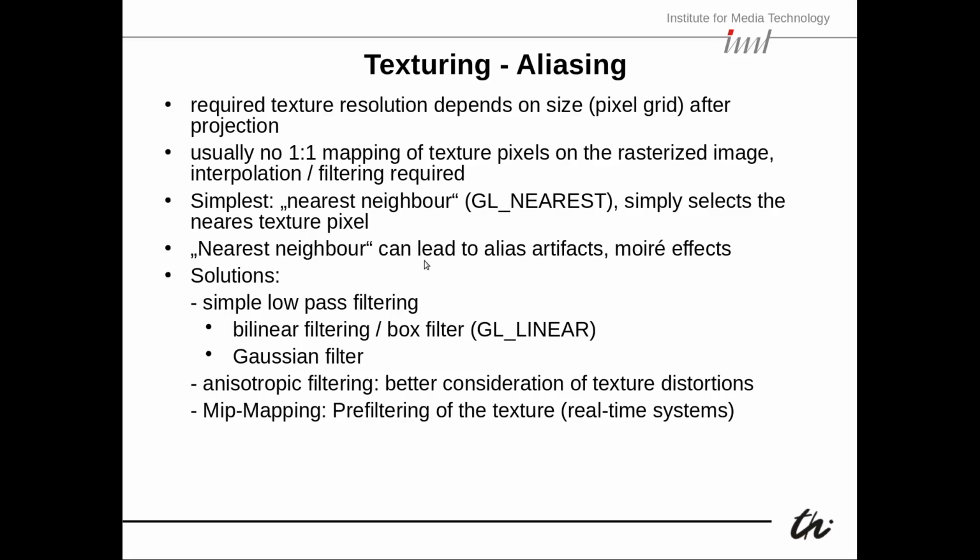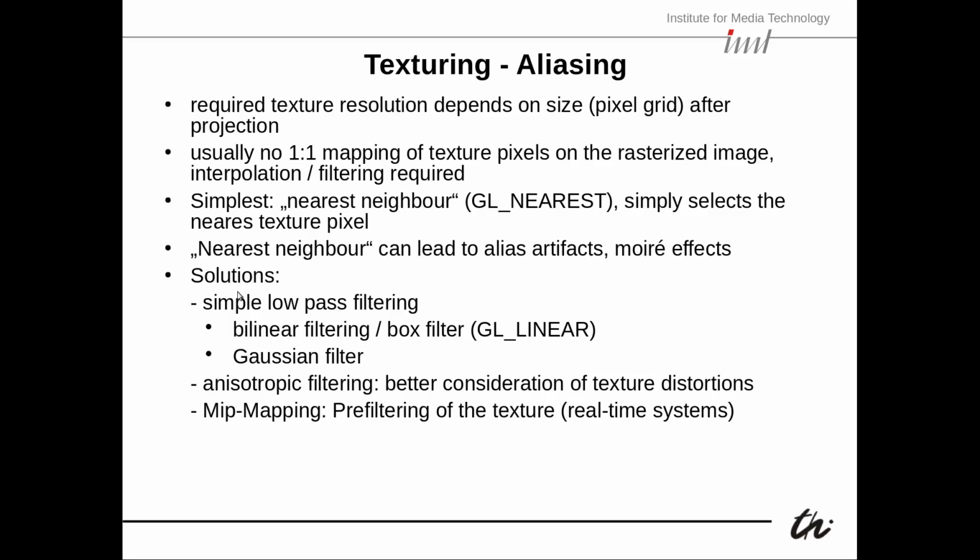But nearest neighbor can also lead to aliasing artifacts because we simply have to select one pixel out of the image. And this can lead to moire artifacts in the case if we have many more pixels on the display, as for instance in our texture image.